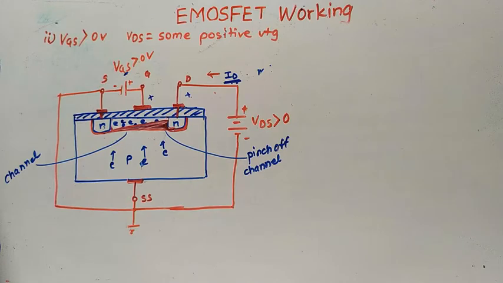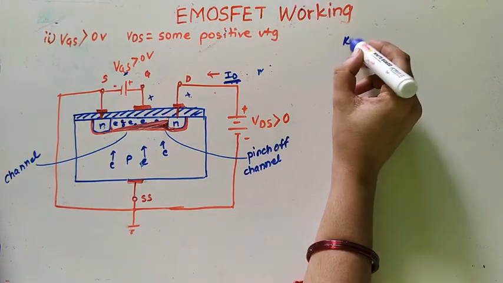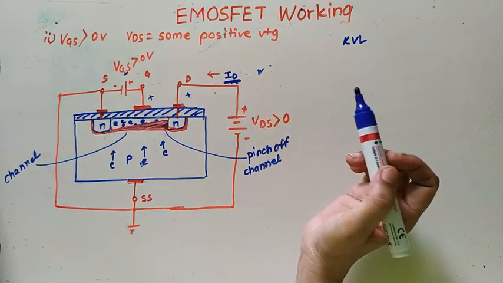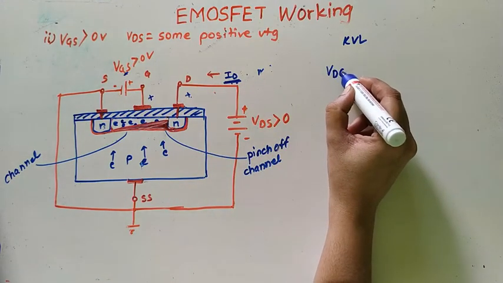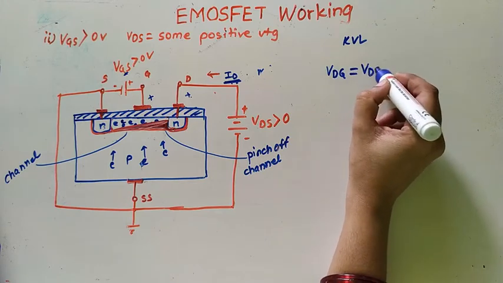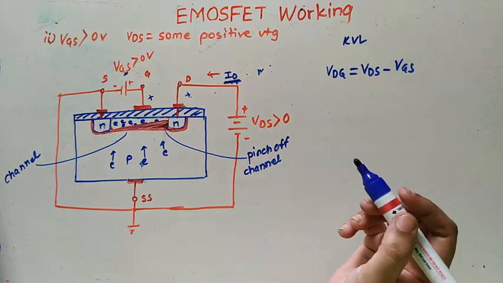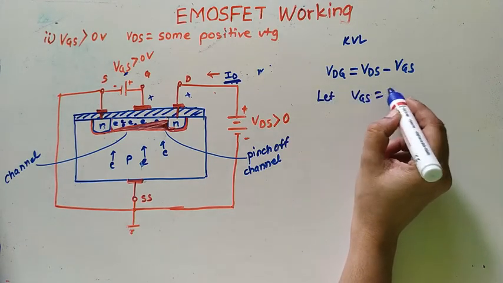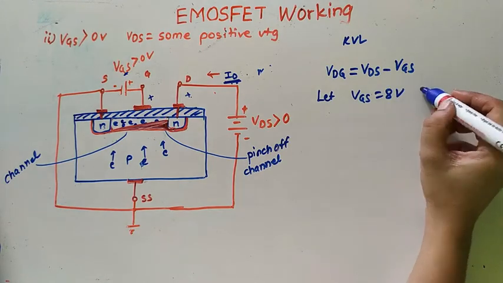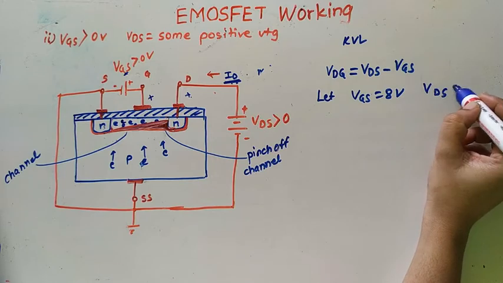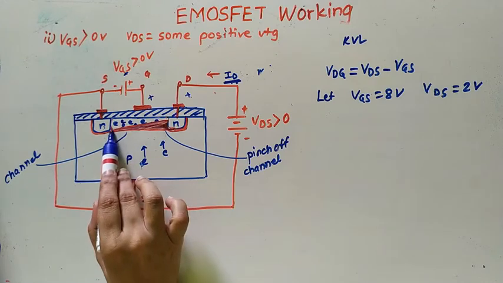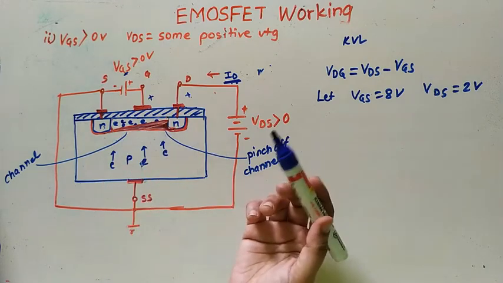Now to understand this, let's apply KVL from drain to gate. So here VDG will be equal to VDS minus VGS. Okay, and let's consider that our VGS is 8 volts and initially our VDS is equal to 2 volts, and at this condition our channel is created and our current has started flowing.